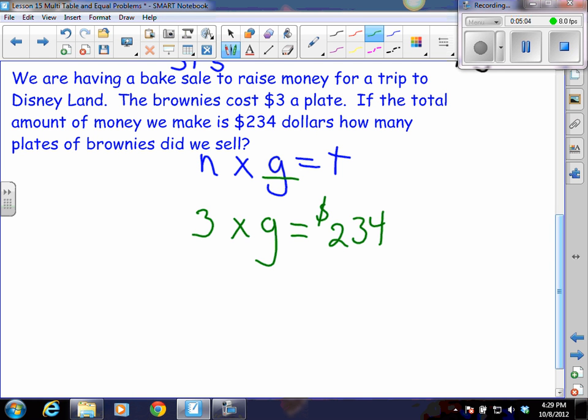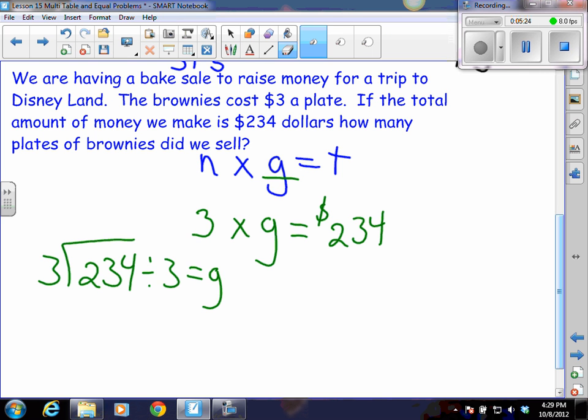And so now we can go into step 2 and we can rearrange this. And so it's going to end up being 234 divided by 3 equals G. All right. And of course we can write that this way.